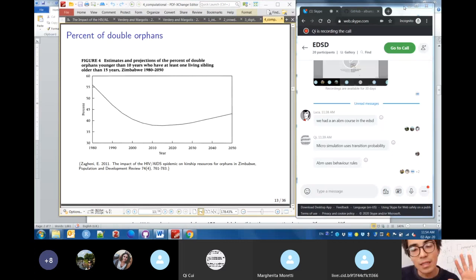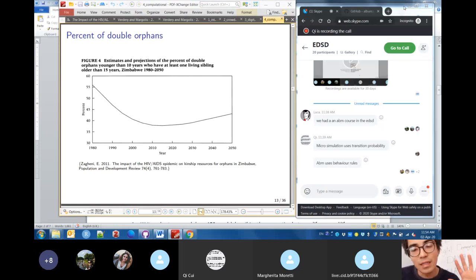So now we're not interested in children anymore, but we're interested in older adults, and to understand how demographic change, and particularly differences between races in the US, will affect. So the outcome now is the older population who doesn't have any living relatives, right? And how this will evolve in the future.